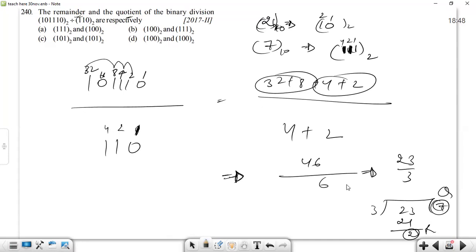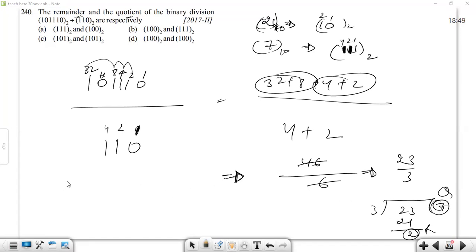Okay, now yes, one mistake. When we have divided both the numerator and denominator by some common factor, then our remainder changes, not the quotient, but the remainder changes for sure. So the remainder has to be 4 here.